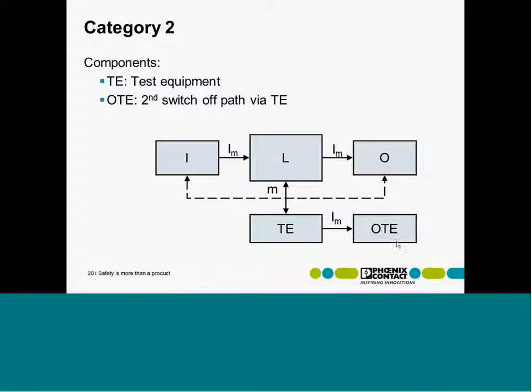So in case the test equipment creates a test stimulus on the main channel and detects a failure, the test equipment will switch off independently, in addition to the first channel. Category 2 is typically an architecture for electronic technology. It's easy to realize circuits in category 2, so it is of main interest for electronic techniques.